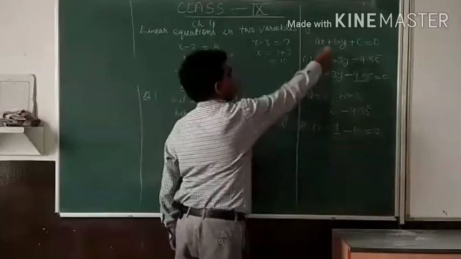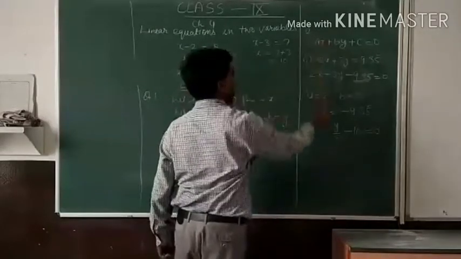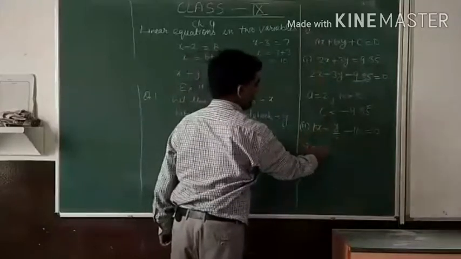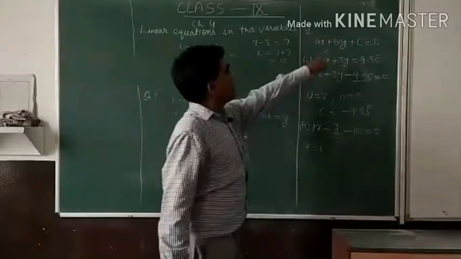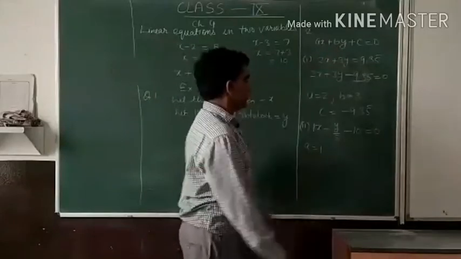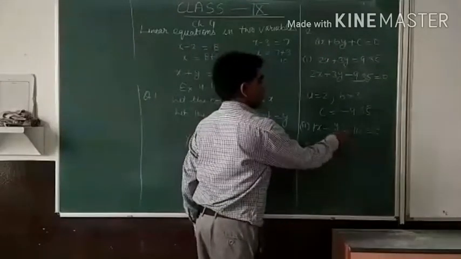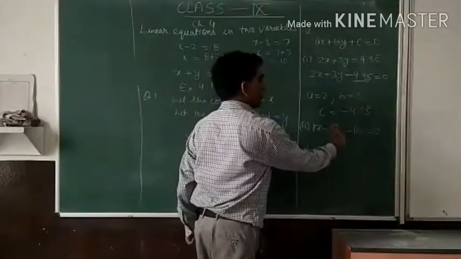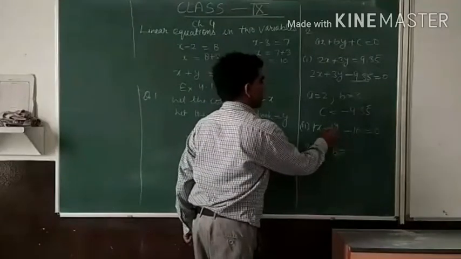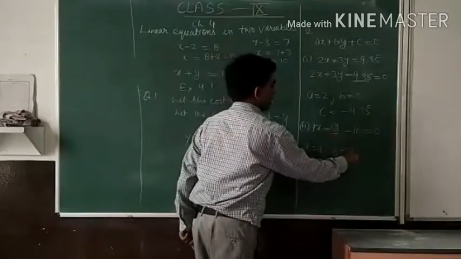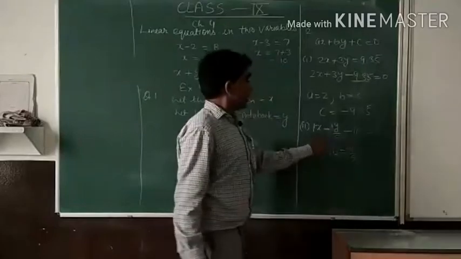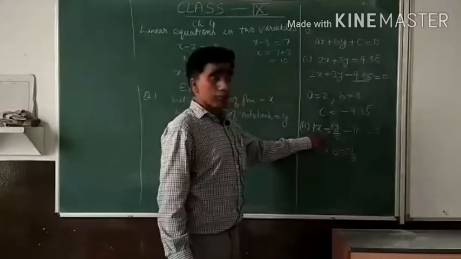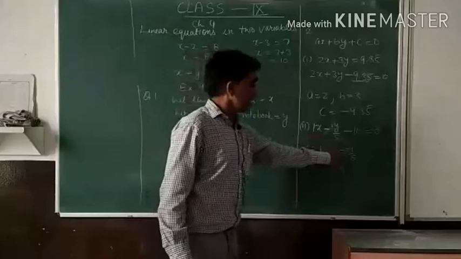In the second part, x is taken as 1. The coefficient of x, a, is 1, so a is equal to 1. The coefficient of y, b, is 1 upon 5, and because of the minus sign, it is minus 1 upon 5. If the sign is negative, put the negative sign here.